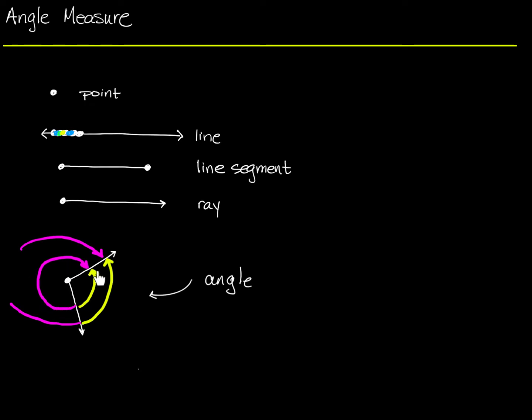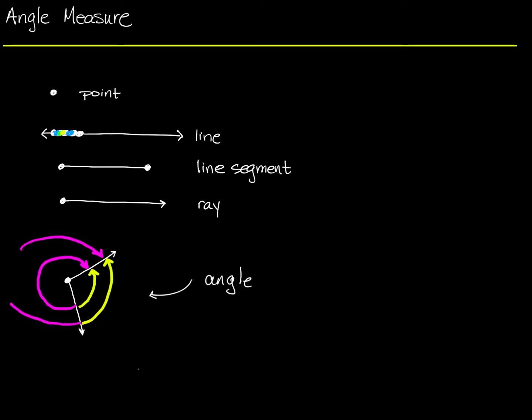But the ratio of yellow to pink is the same in both cases. This looks like maybe 25% of my circle, and this is the other 75%. I've not done a good job of drawing the circle here, but here's about 25% of the circle, and here's 75%.